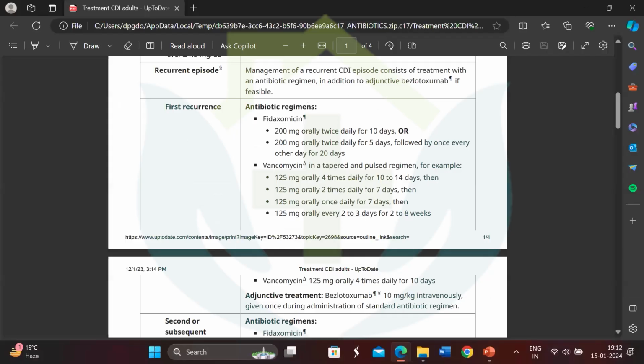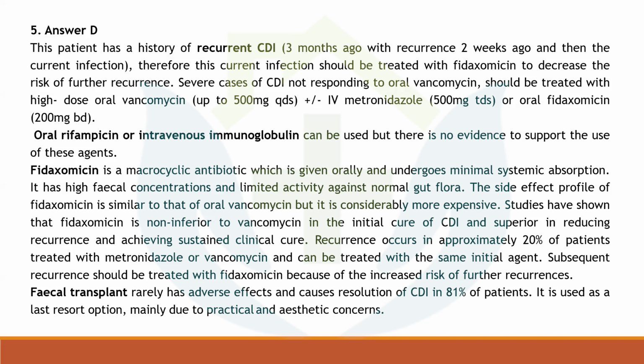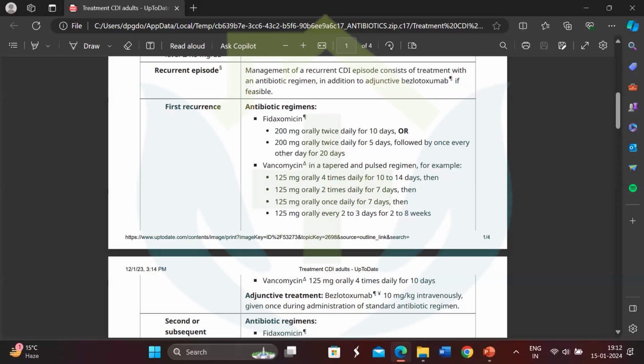So regarding C. difficile infection, many changes have recently been made in its treatment. So you go through the latest IDSA guidelines for treatment of C. difficile infection, because C. difficile is a very favorite topic.